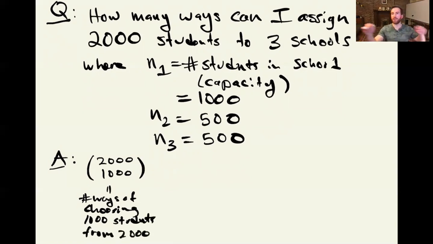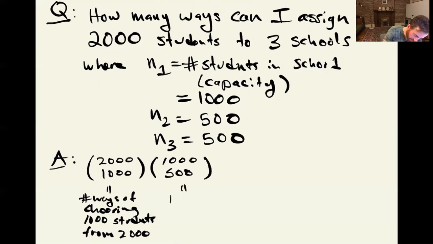And you're just saying, all right, you're all my school 1 students, once I've picked from this set of 2,000 students. Now, once you've done that, you've got 1,000 students left. And so you pick 500 of them to go to school 2. Choose 500.